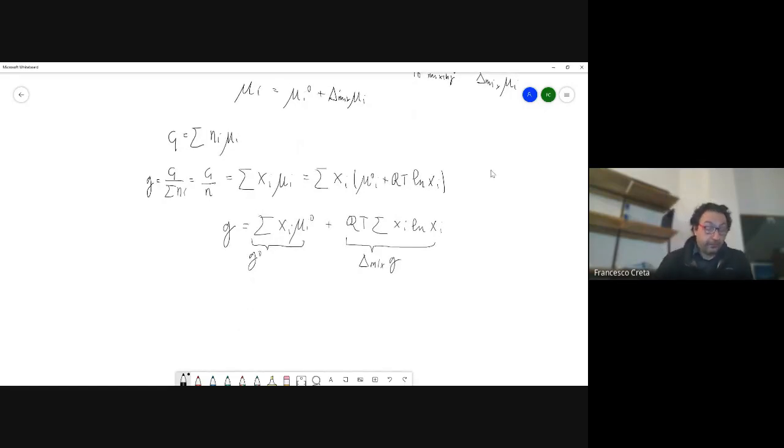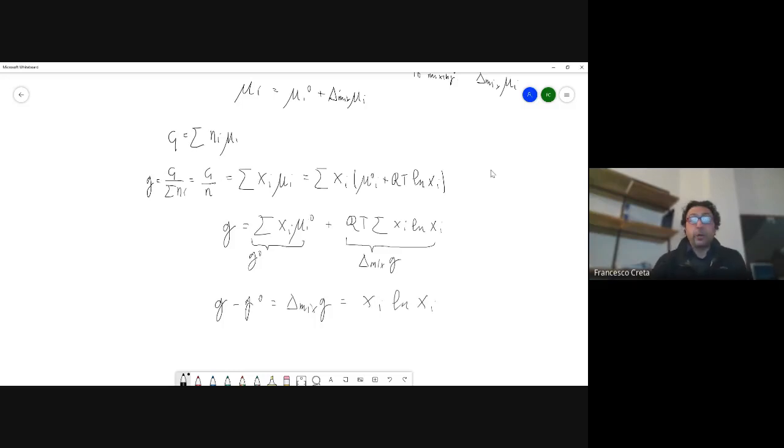So the mixing is the difference in Gibbs energy through the creation of a mixture from its pure components. So G minus G0 is equal to this delta mix G, which is essentially RT times the summation of Xi logarithm of Xi.